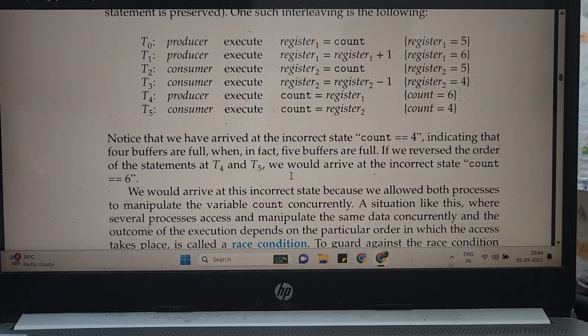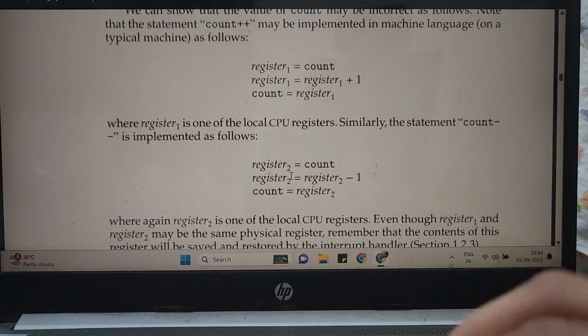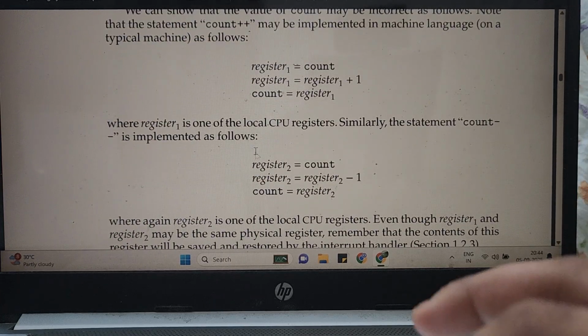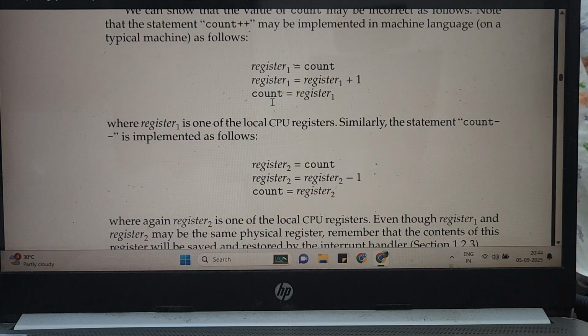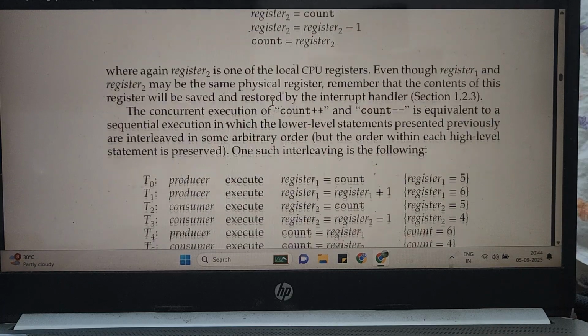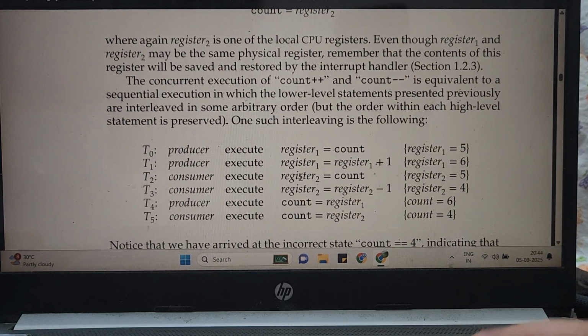If they are executed in different sequences, then your answer is going to be different. Notice that in your serial execution, whether you did 1 followed by 2 or 2 followed by 1, your final answer was going to be 5 only. But here, if you execute things in this sequence, your final answer is 4. If you simply interchange the last 2 instructions alone, then your final answer will be 6.